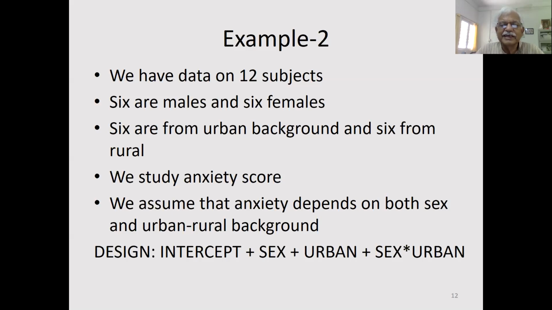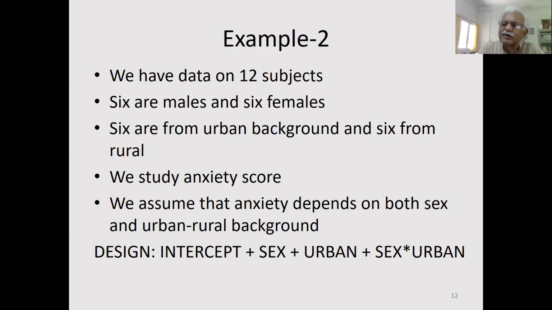So we can study anxiety score, for example, for males and females, urban and rural areas, and the model would look like this. This is a non-additive model with interaction. The anxiety score of a person is intercept.